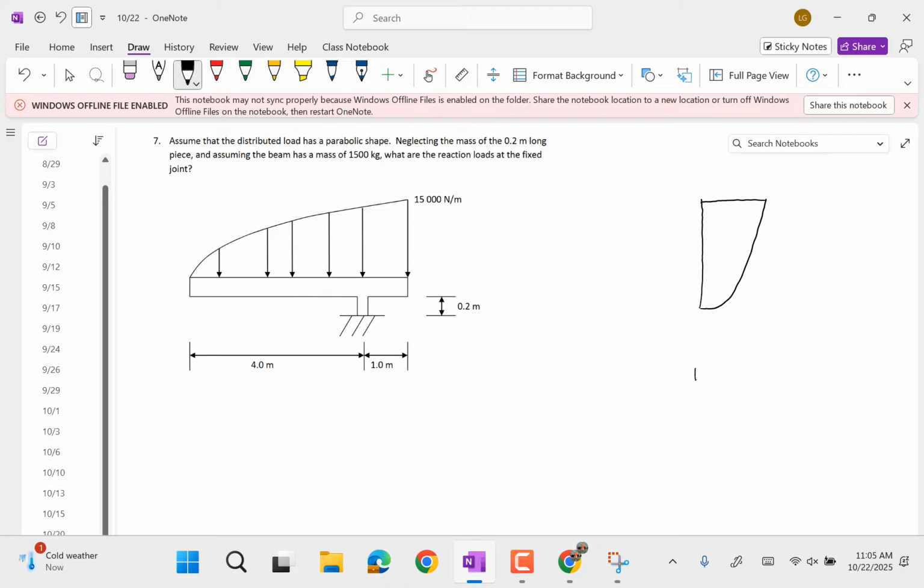if this is A, and this is H, the centroid this way is, I think, 3/8.